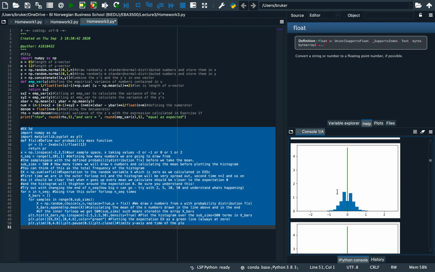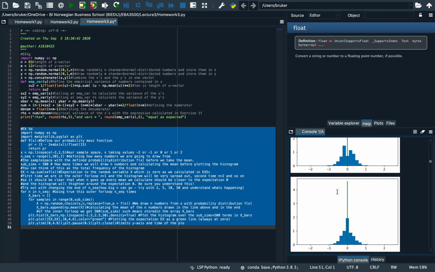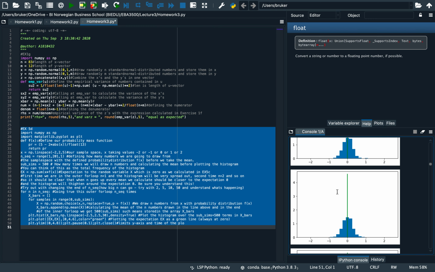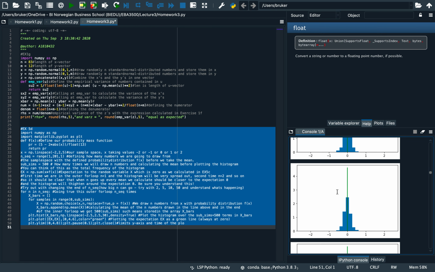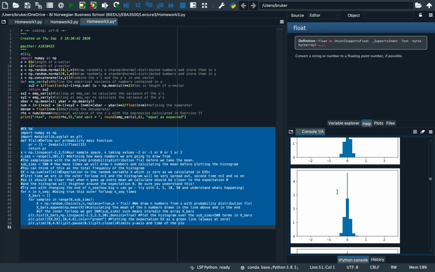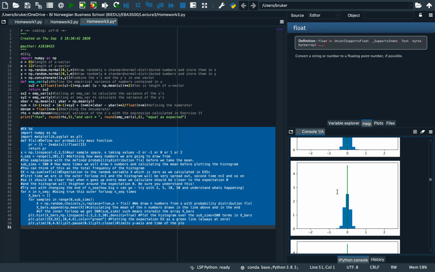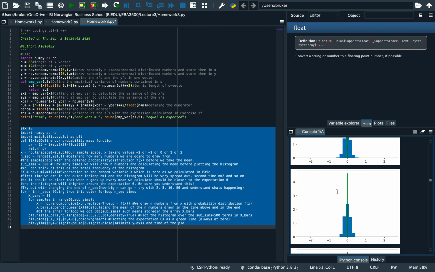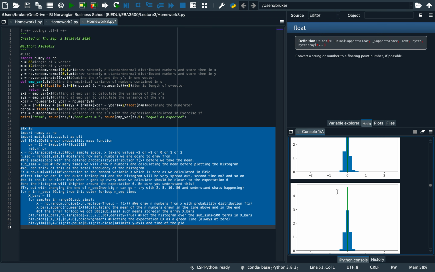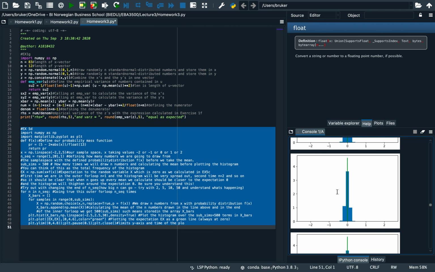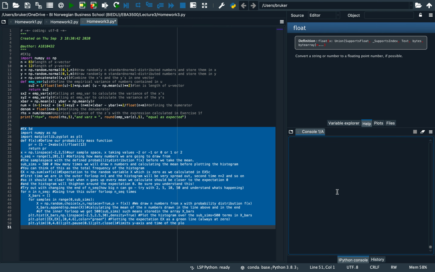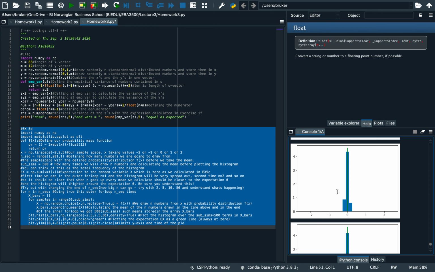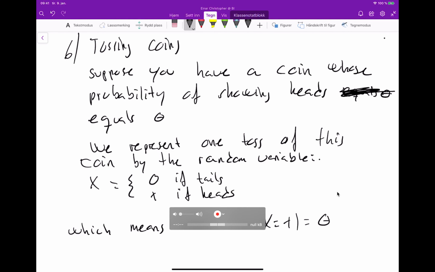And we can see it tightens around 0. And be sure you understand why. And we see how this tightens more and more when n is increasing. And here we see it's very close to 0. Okay. That's enough of that one.